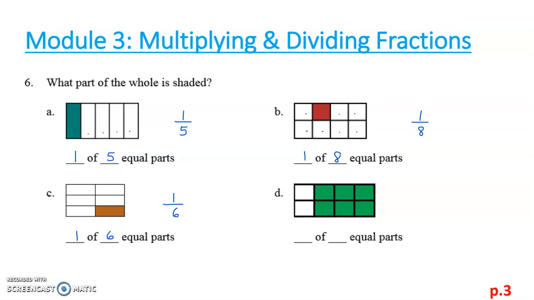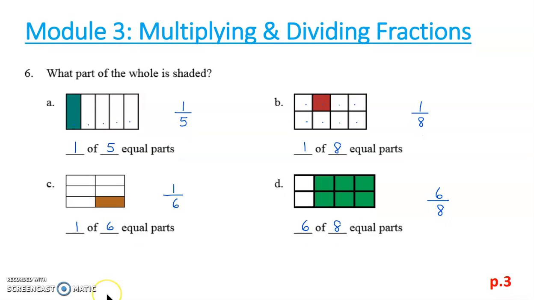And for D, we have 6 of the figures shaded out of 8. So this fraction can be called 6/8. One thing you can notice about 6 over 8 is that this fraction actually can be expressed in a different way. And it's something that we'll get to a little bit later on in our lessons.